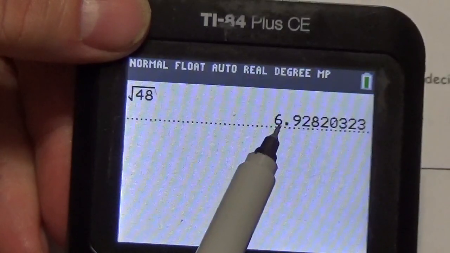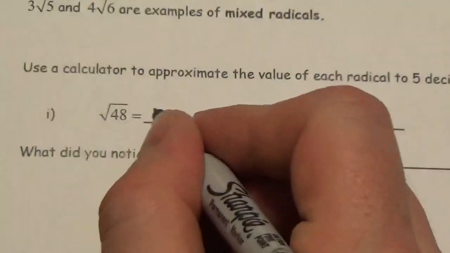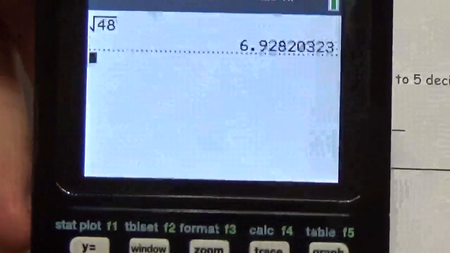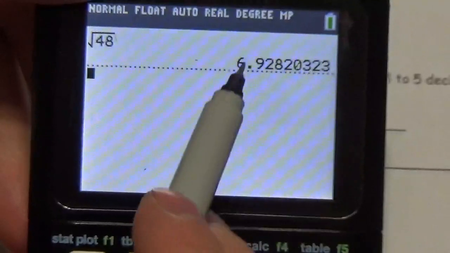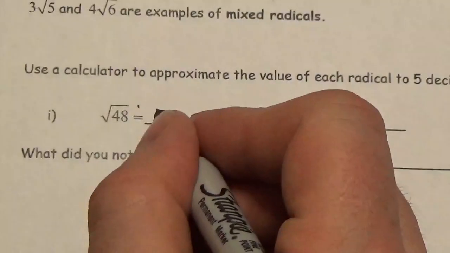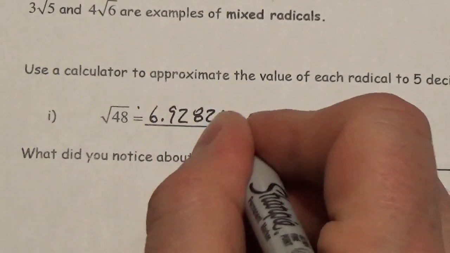So let's say to the nearest hundredth, 6.93. So this is going to be approximately, to 5 decimal places, oh, that's a little bit more involved here. 6.92820.